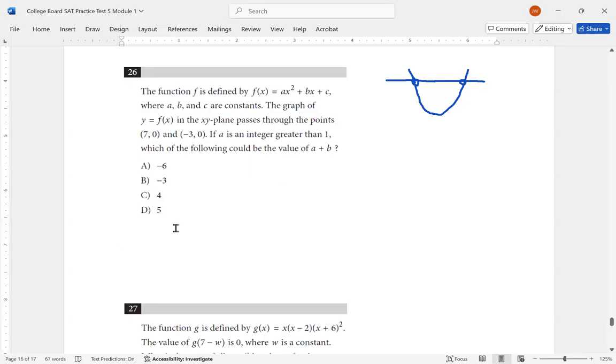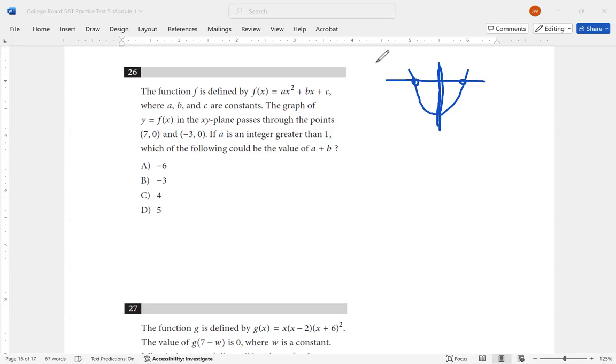The way I look at this is that these two points are the x-intercepts, so I know the vertex is going to be right in the middle of those x-intercepts.